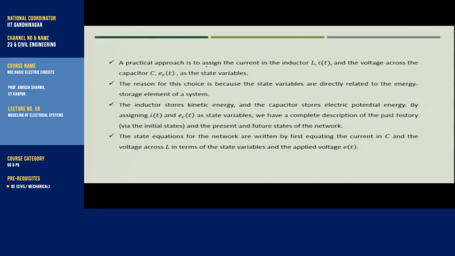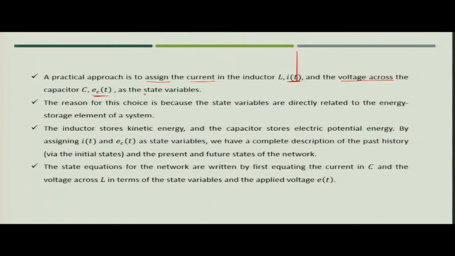The practical approach for us would be to assign the current in the inductor, that is i(t), and the voltage across the capacitor, that is E c(t), as the state variables. Why are we choosing these? Because the state variables are directly related to the energy storage elements of the system, and in this case L and C are the energy storage elements.